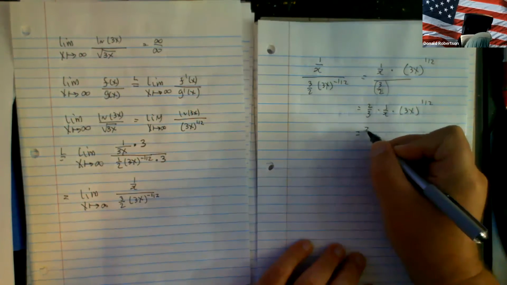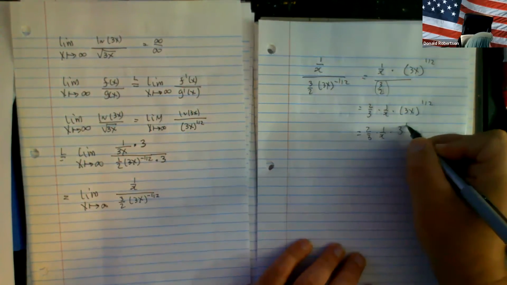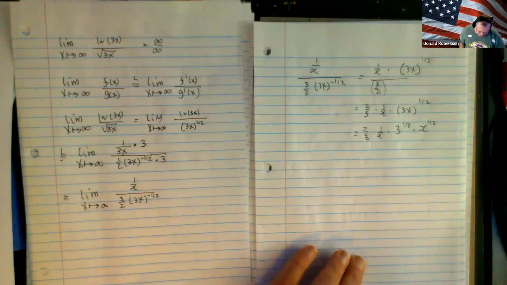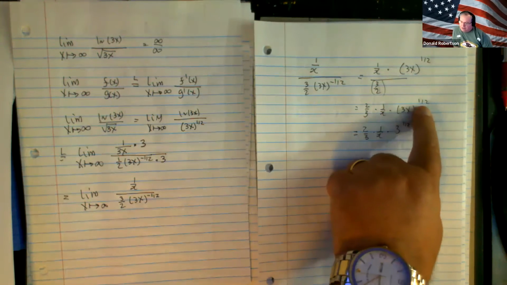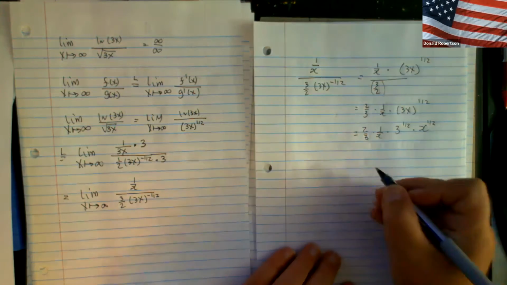Now, again, taking as much time as I can, I'm going to do that. 3x to the half can be separated as 3 to the half times x to the half.